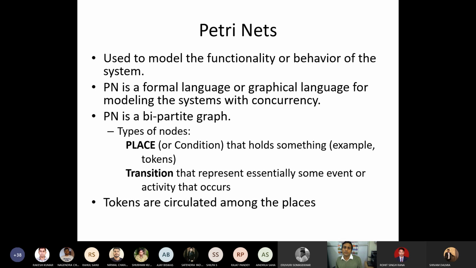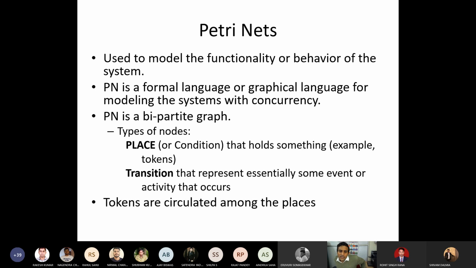So here you will have some place nodes, and some will be transitions. These transitions represent some event or activity, that means some processing, and tokens are circulated among the places.